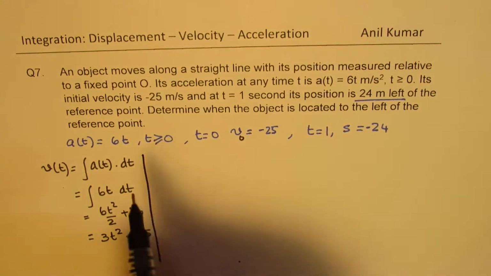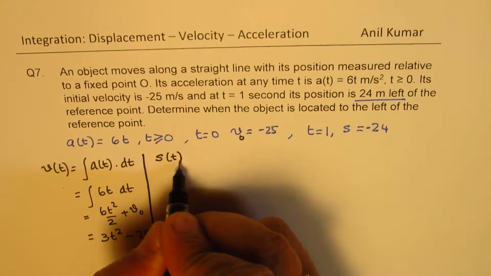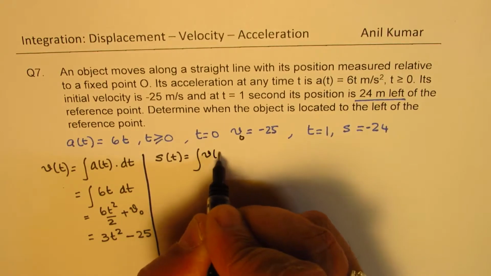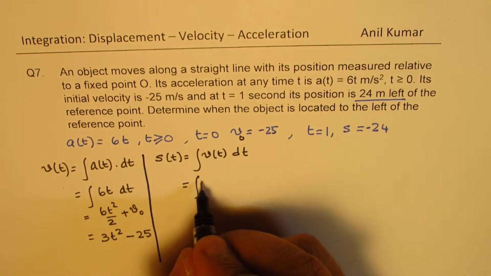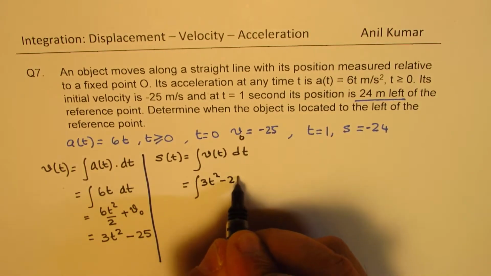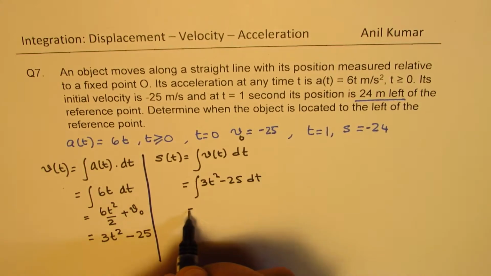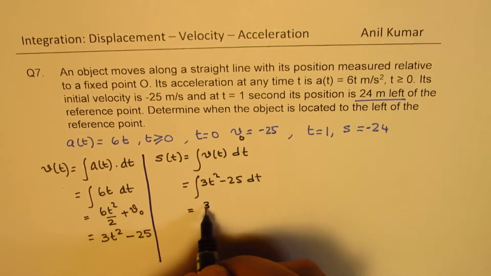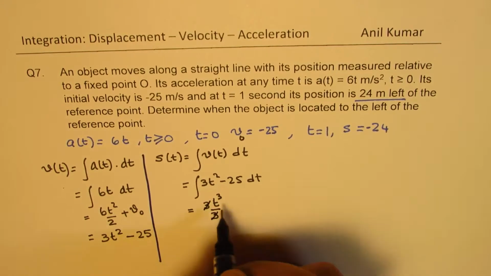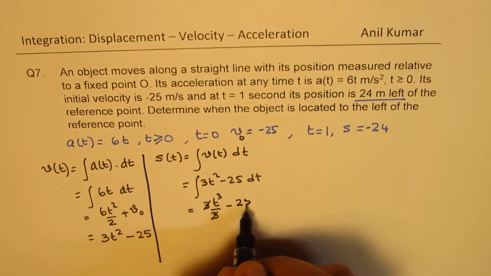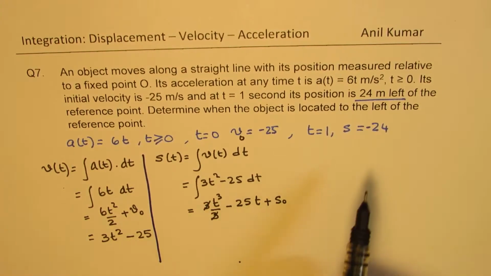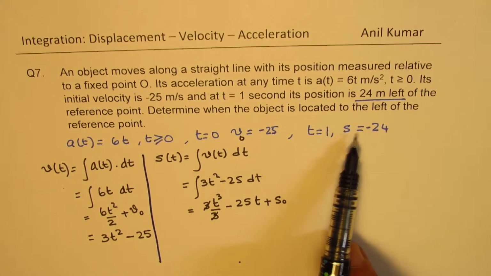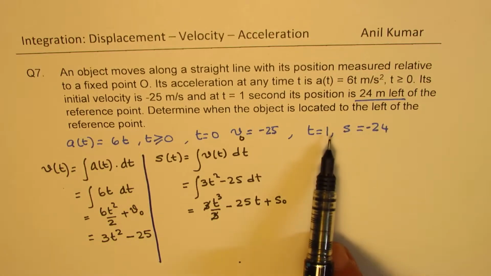Now let's find the displacement. So displacement will be the integral of velocity, right? So that is the integral of 3t squared minus 25 dt. So that is 3t cubed divided by 3, so they will cancel, minus 25t plus initial displacement. Now we are given that the displacement is minus 24 for t equals 1.